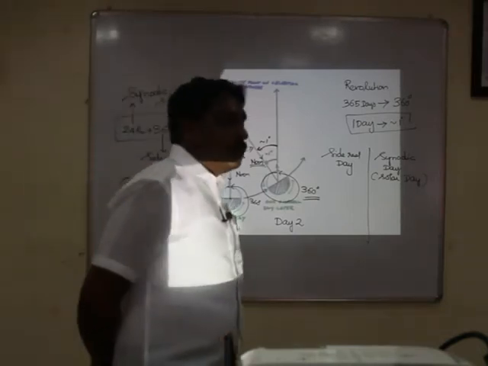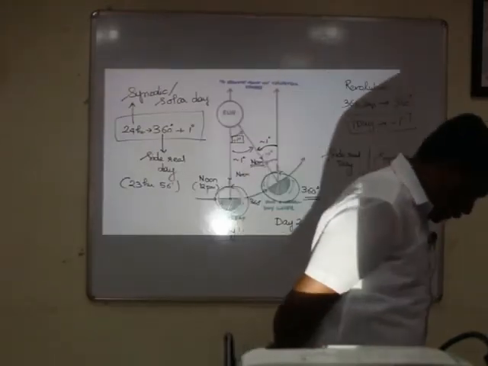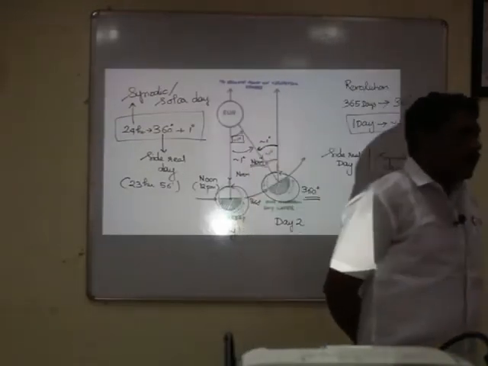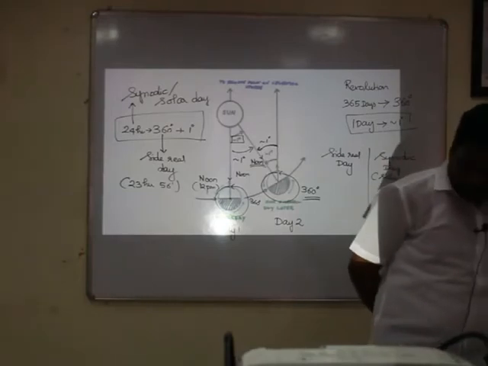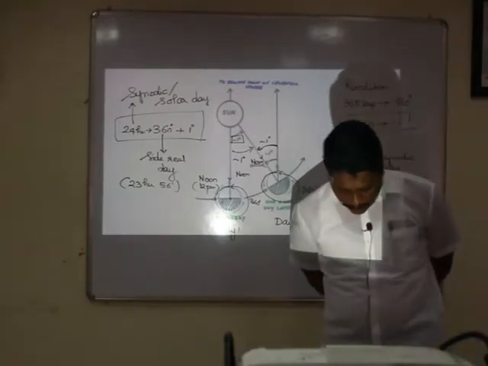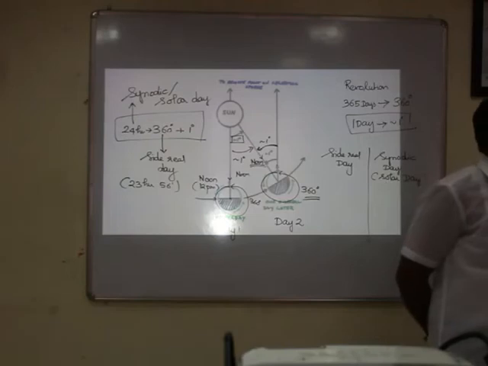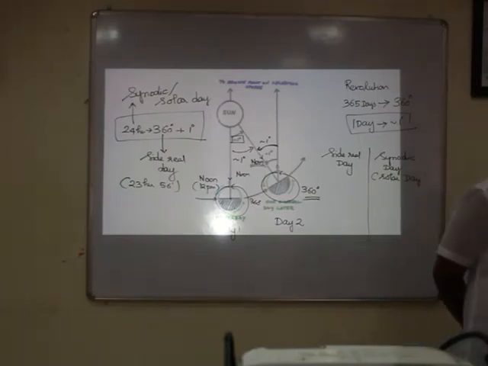And Earth approximately rotates 361 degrees to complete such a rotation.